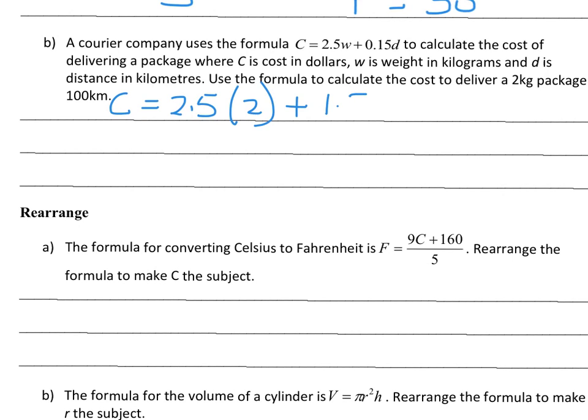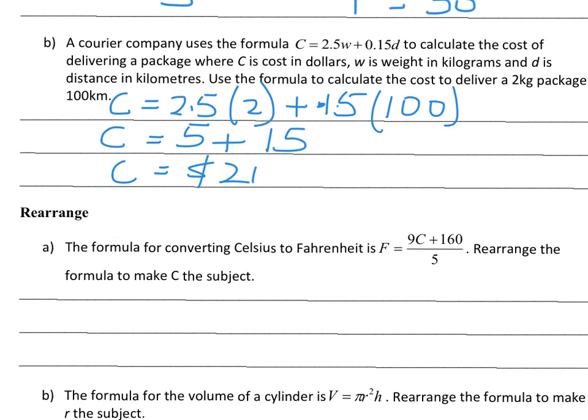Plus 0.15 times D. D is the distance in kilometres, which is 100. So the cost is going to be 2 times 2.5 is 5, plus 0.15 times 100 is 15. The cost will be $20.